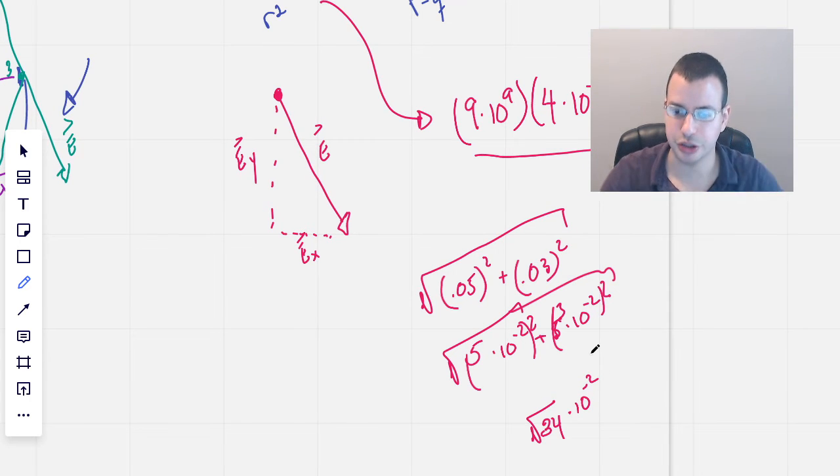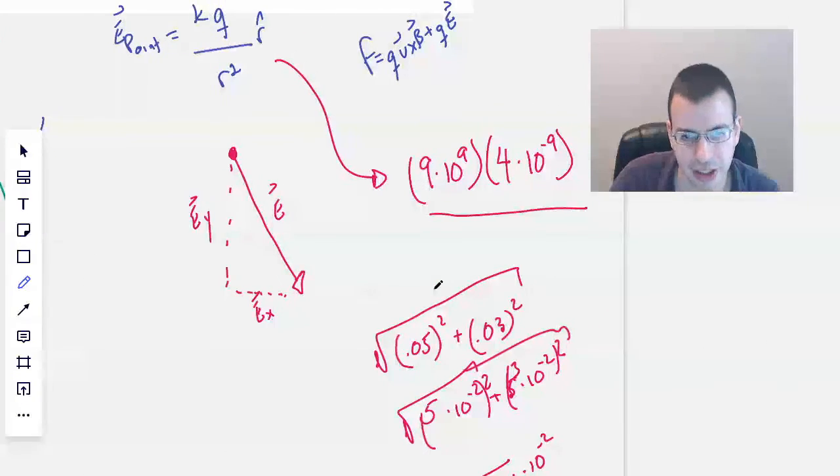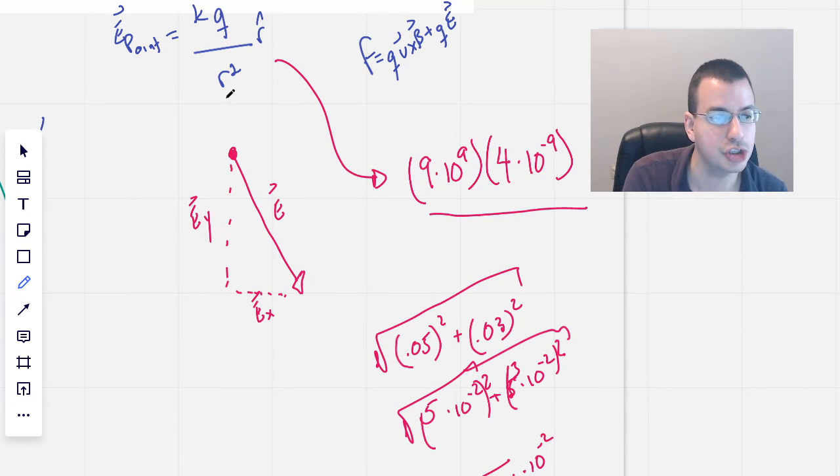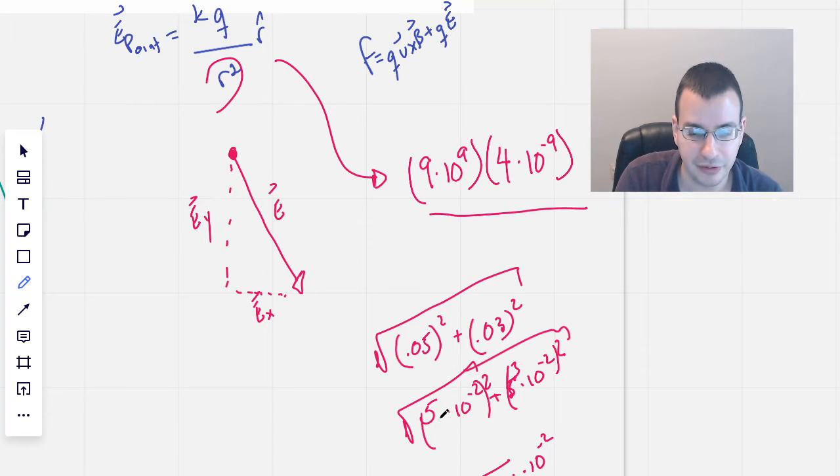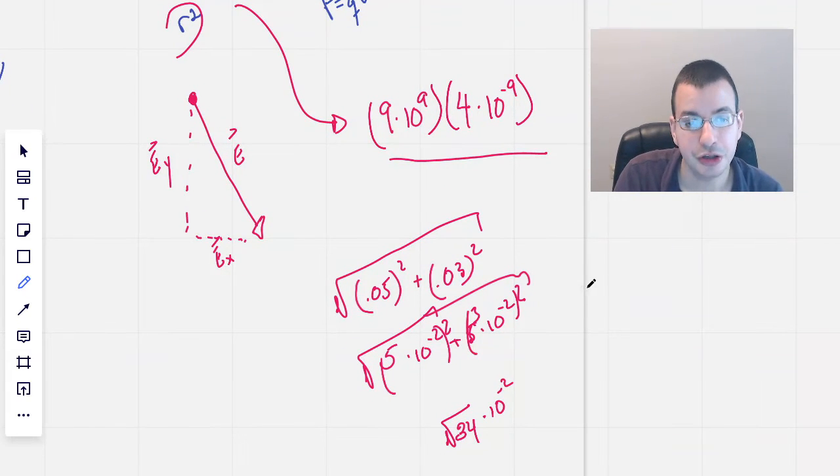This way I keep everything in meters. But wait a second, because we're looking for r squared, so r squared would be 5 squared plus 3 squared. So we don't have to square root everything, we can just square it all.